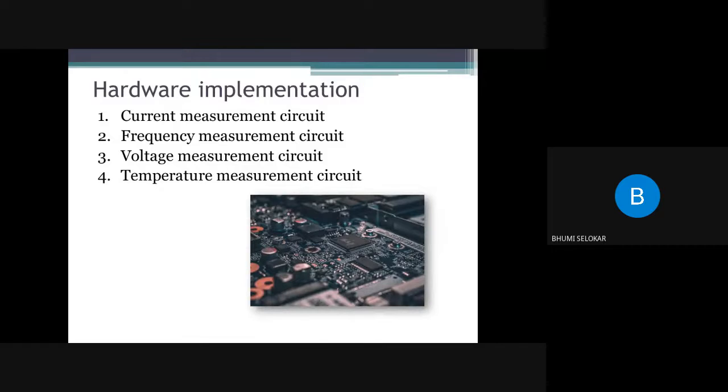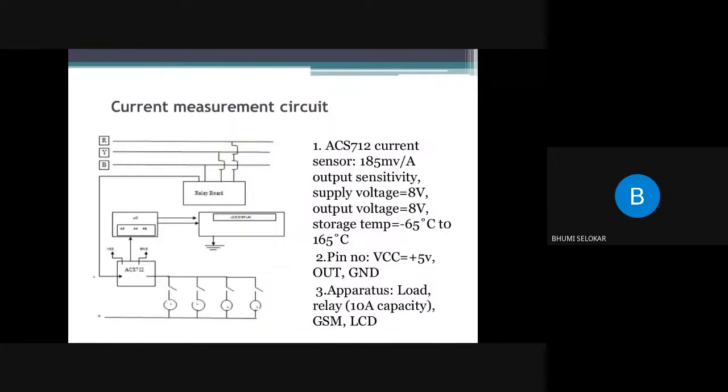Hardware implementation. There are 4 circuits implemented in our project: current measurement circuit, frequency measurement circuit, voltage measurement circuit, and temperature measurement circuit. First, current measurement circuit.